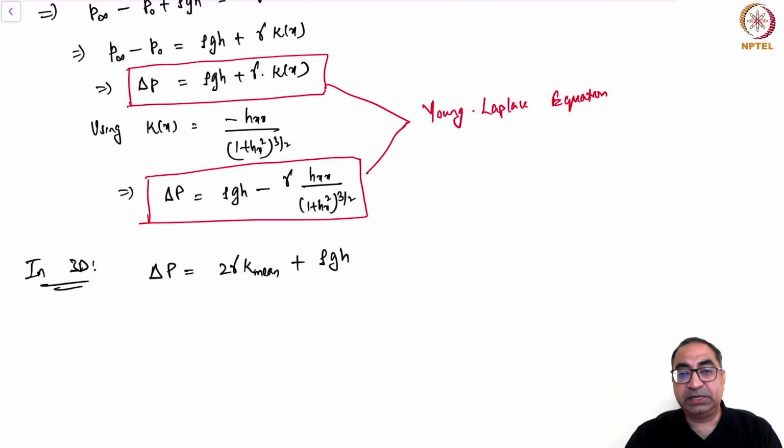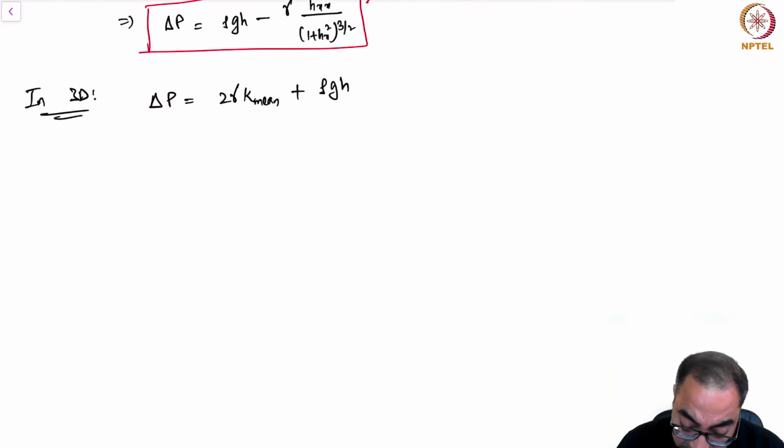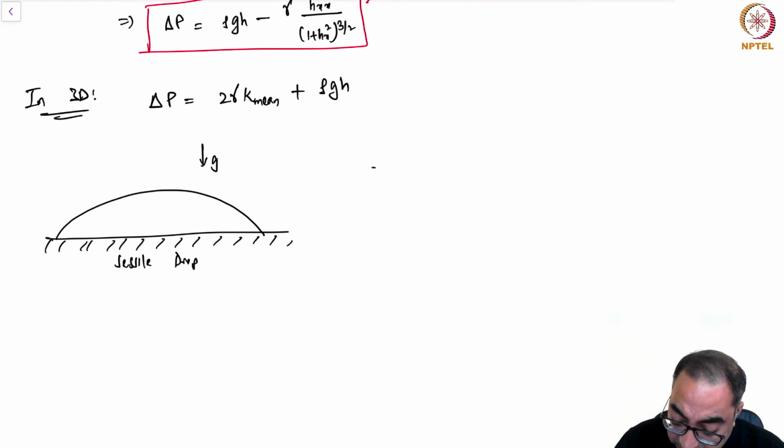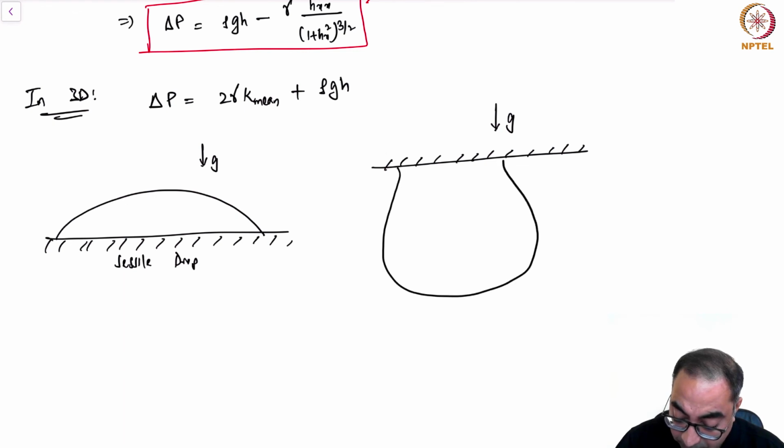This technique can be directly extended to the case of a pendant drop. For example, all I have to do is change the direction of the gravity. A drop like this is referred to as a sessile drop, where gravity is downwards, and this is a drop sitting on a plate. You could also have a situation where I have gravity downwards, but then you could have a droplet hanging like this, and this becomes a pendant drop.